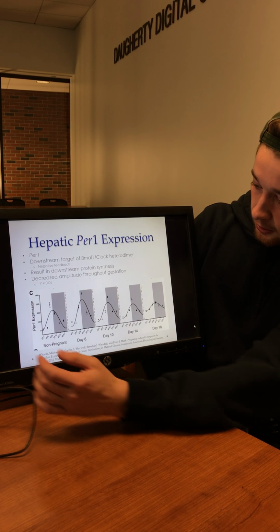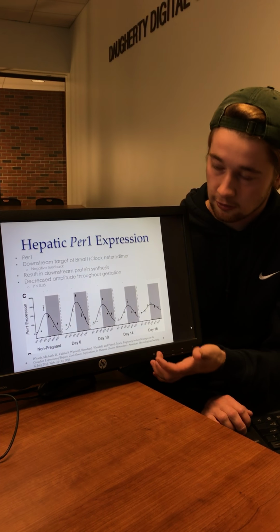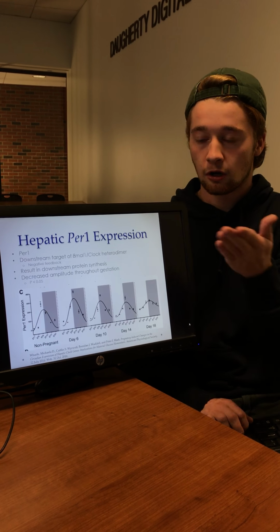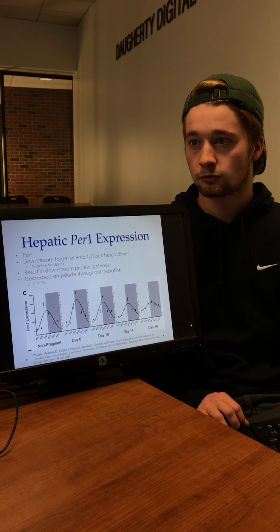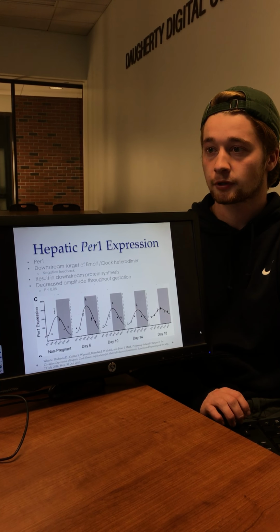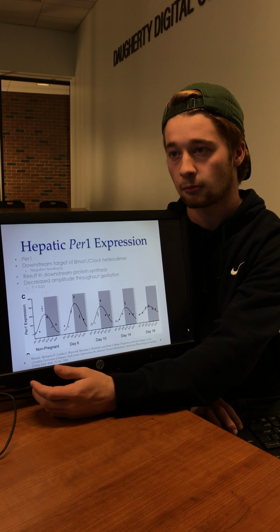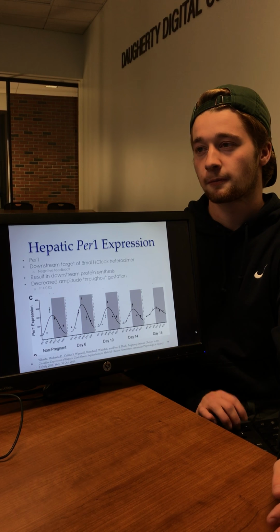And here we see, again, from non-pregnant to day 6 to day 10 to day 14 to day 18, a decrease in the amplitude away from the normal circadian rhythm to a more consistent expression of this protein involved in glucose regulation in the body, with a p-value of 0.05, statistically significant.